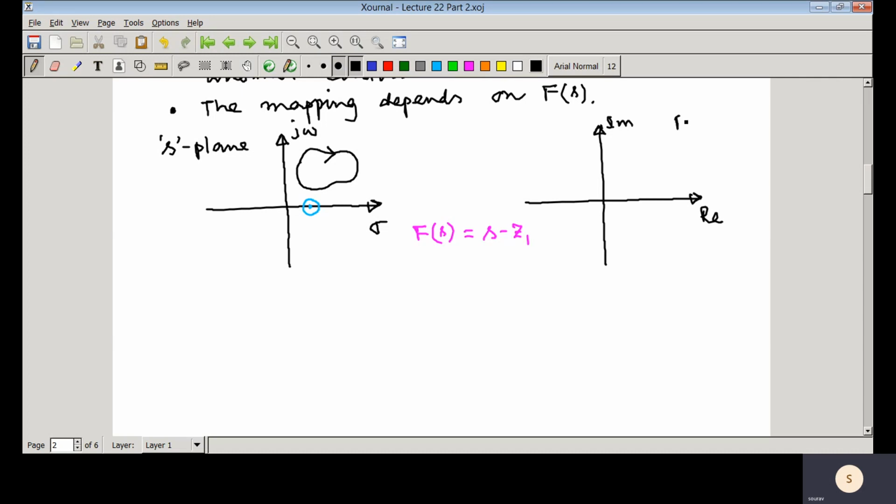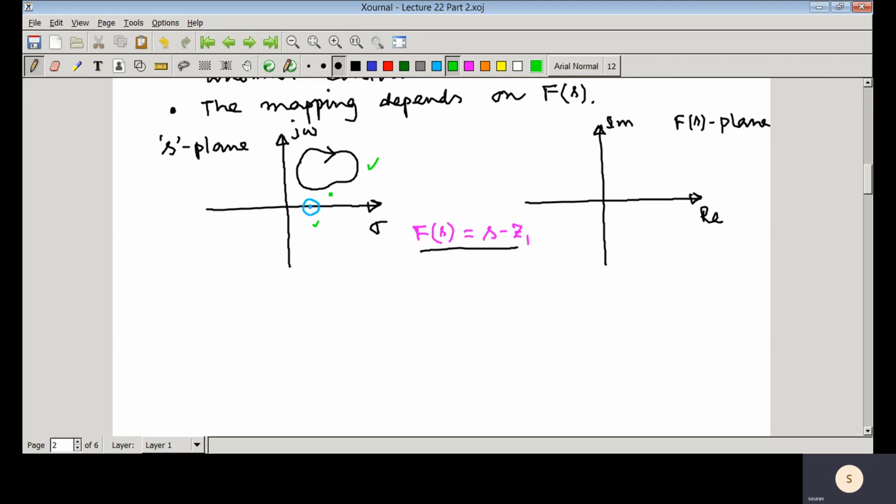So in the F(s) plane, the function we have considered is s minus z1, which has a zero at z1, and this particular contour does not encircle this zero. That means the zero is outside the contour.